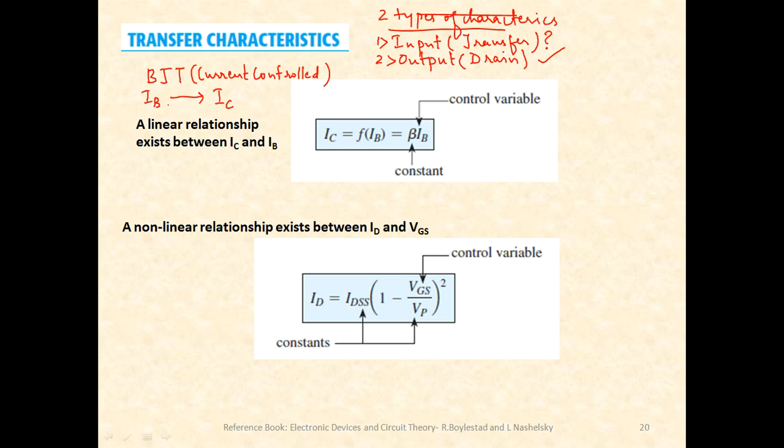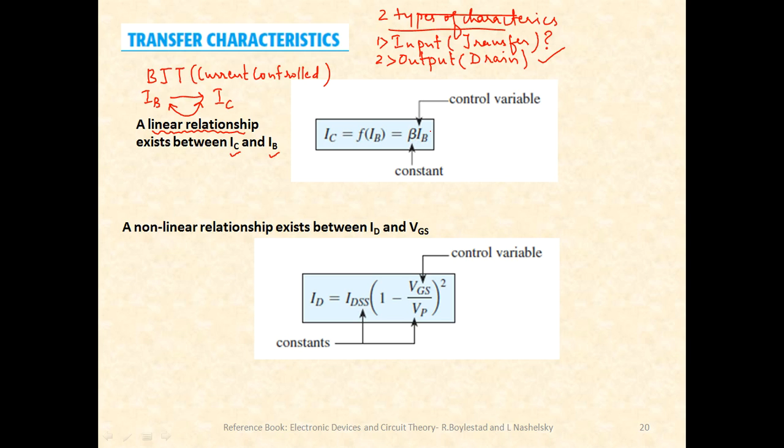Then what about the relationship between input current and output current? A linear relationship exists between the collector current and the base current IB. Mathematically, how can we represent it? The output current can be represented by a simple expression, which says the collector current IC is a function of base current IB. In terms of the proportionality constant, we mention it as beta into IB.